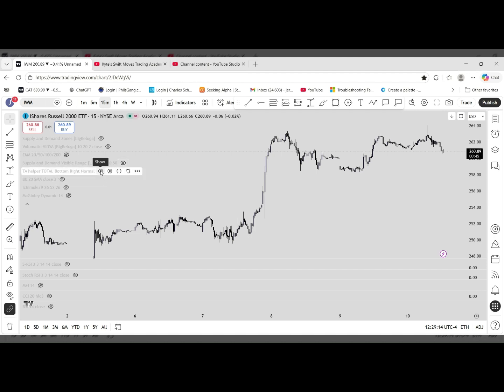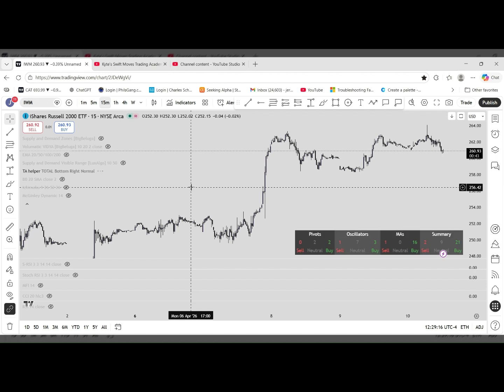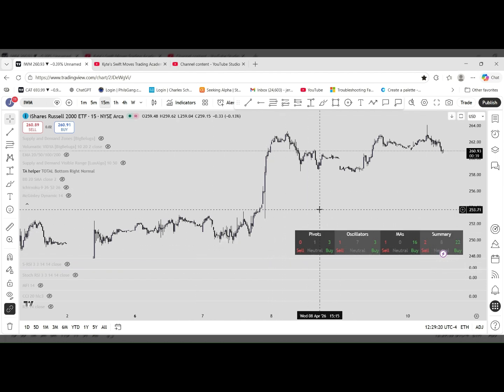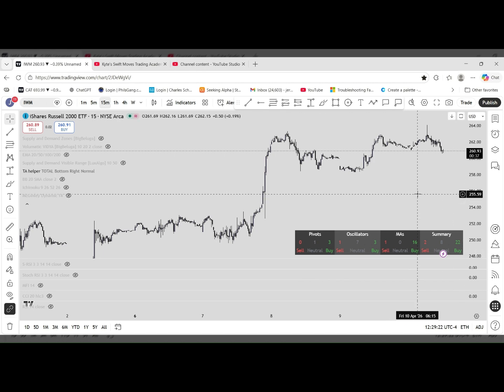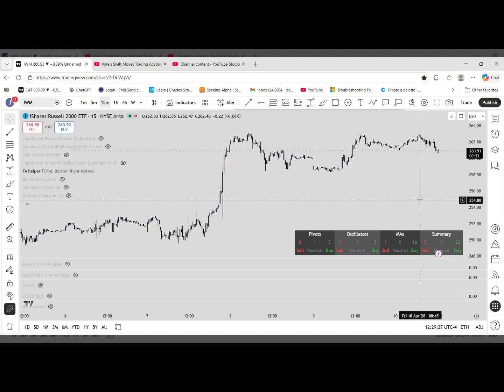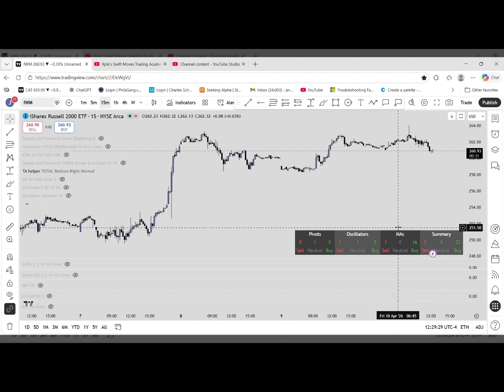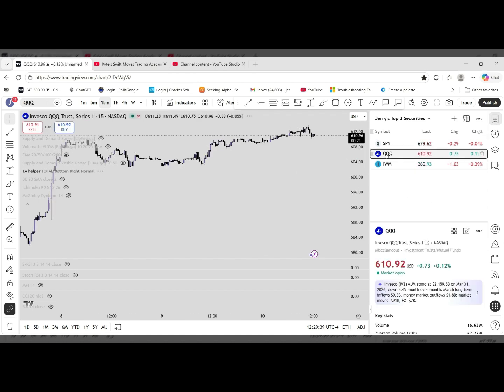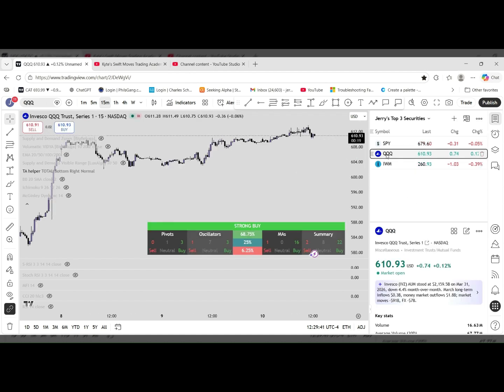Now this one here is another I thought was kind of interesting. What this one does is it looks at the security you have on the screen, and it gives you this technical analysis helper total. I'll show you how this works. If I go to the QQQs, right now it's showing a strong buy.